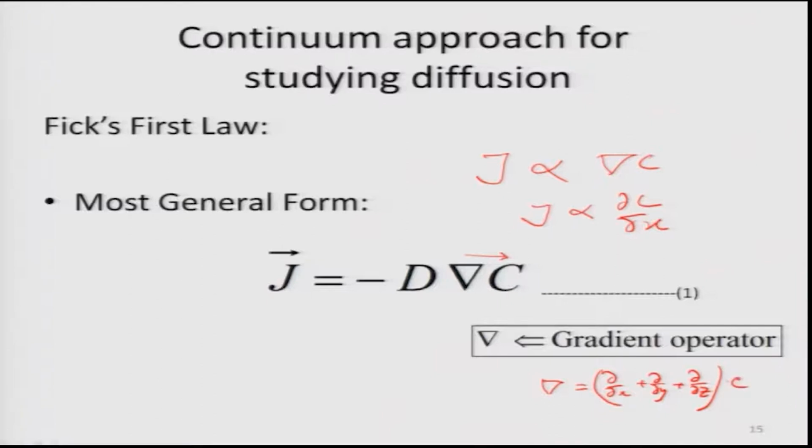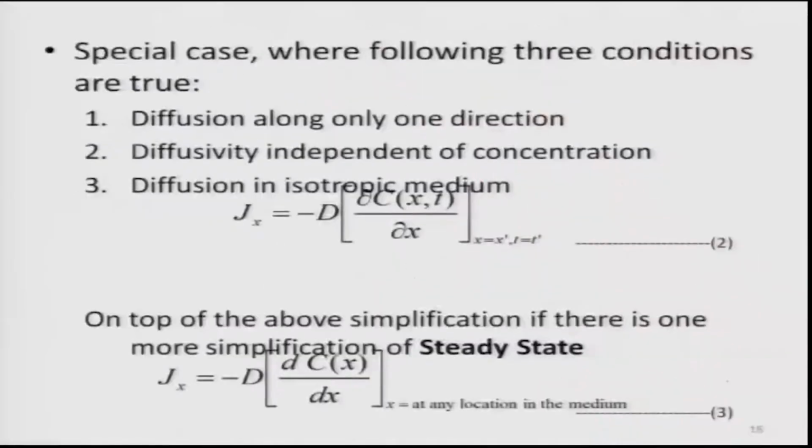Therefore it tells you the concentration gradient in three directions x, y and z. This is Fick's first law, derived from the continuum approach. We are not using atomic jumps. Obviously, this can also be derived using atomic jumps, which is there in the books.